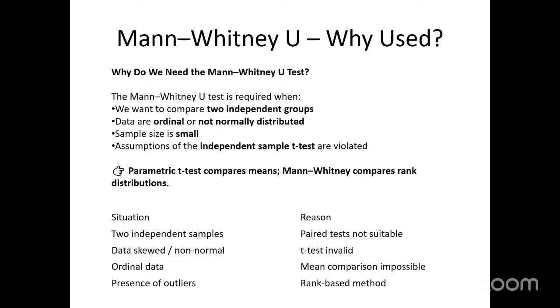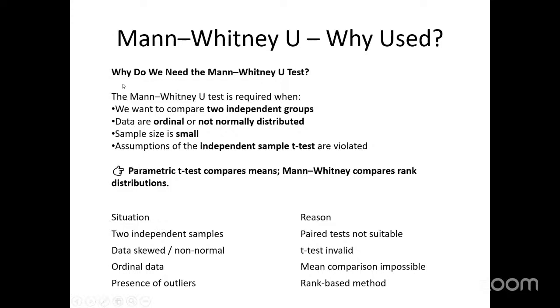While a t-test compares the means of two independent groups, it requires the data to follow a normal bell curve distribution. But if the data is not normal, then we are not able to apply the t-test. So what to do? Then we will use this Mann-Whitney U test.